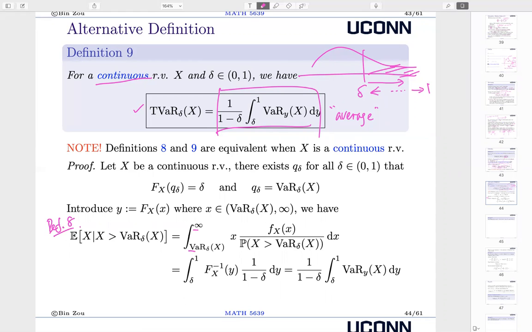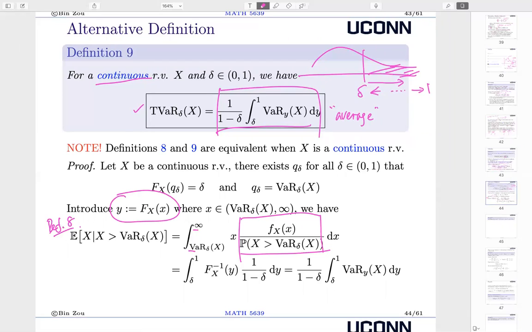And in order to calculate the conditional expectation, you need the conditional density. That is the unconditional one divided by the probability of the condition, right? So that's the definition. From there, we need to do a change of variable, that is, use y to replace the CDF.